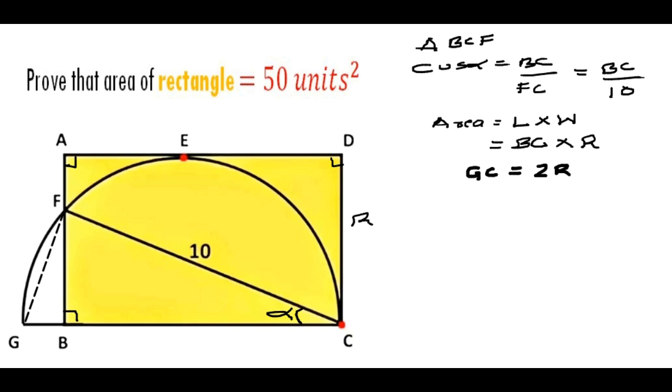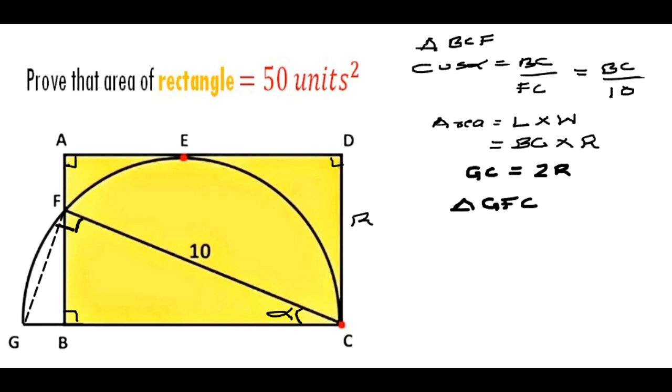So the length GC is 2R. Now, the diameter subtends an angle of 90 degrees at the circumference, meaning this angle at F is 90 degrees. So we have another triangle, triangle GFC.